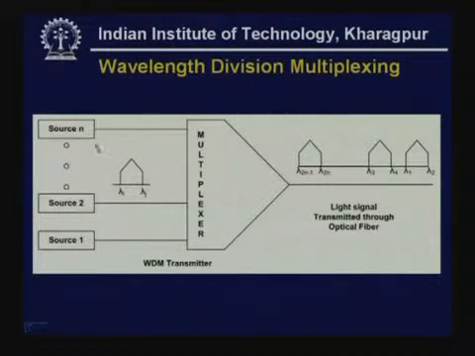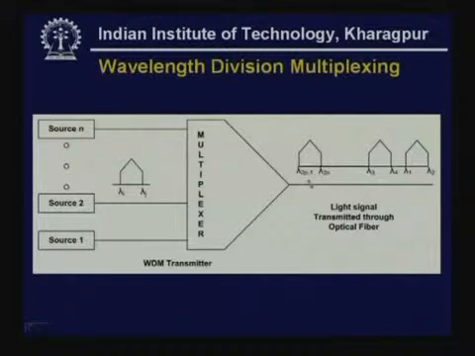Here again we have different sources, and they are modulated with different carrier frequencies or wavelengths, as you can see. The bandwidth, in terms of wavelength, of a particular source i is from lambda i to lambda j. For example, this is the signal coming from channel 1, lambda 1 to lambda 2, channel 2, lambda 3 to lambda 4. You can see there is some guard band in between.